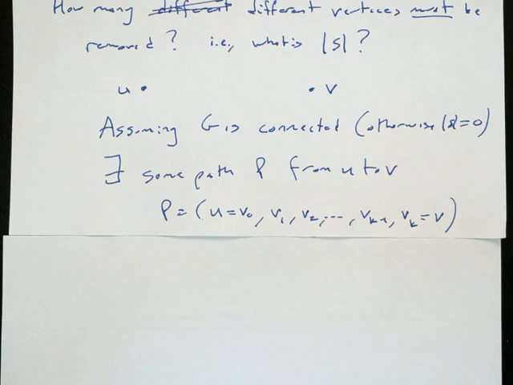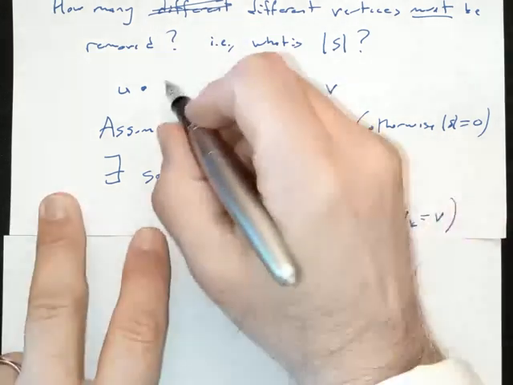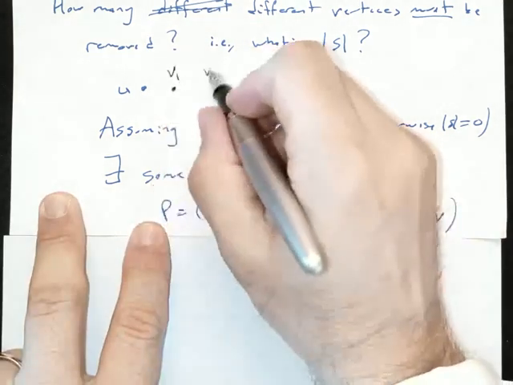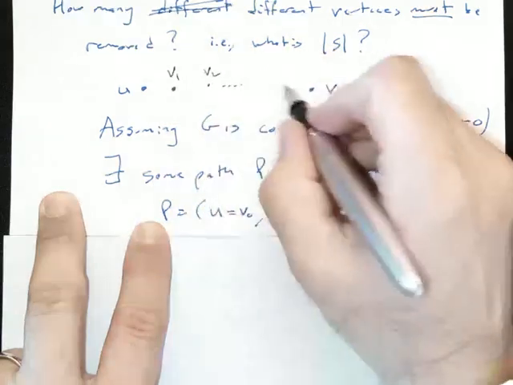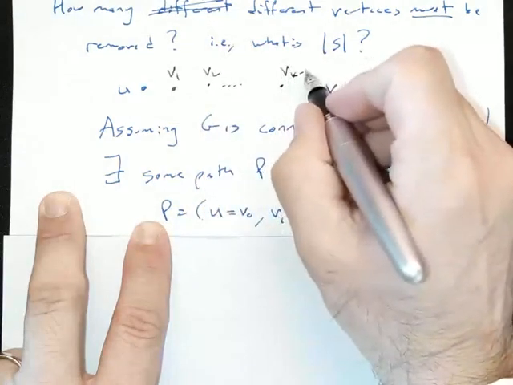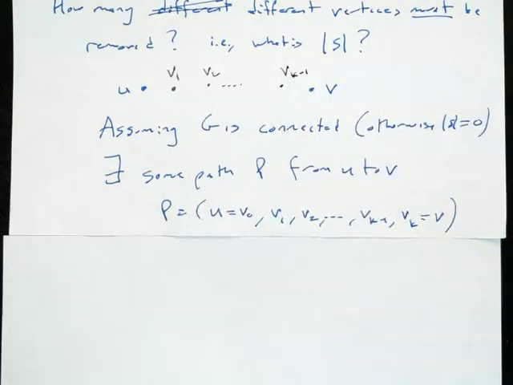So somewhere in there, between U and V, I have these other vertices, V1 to Vk minus 1, right? I put them in between U and V just for the moment.